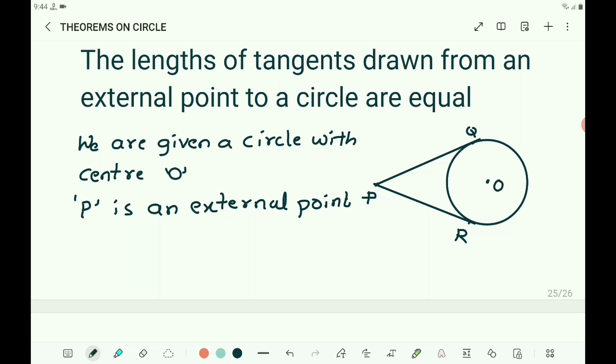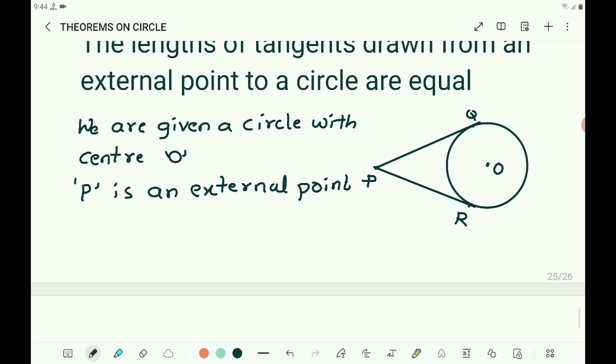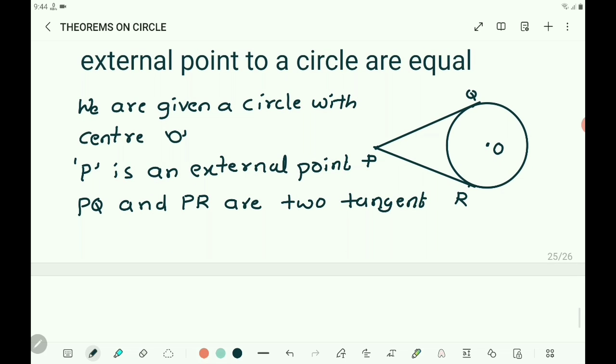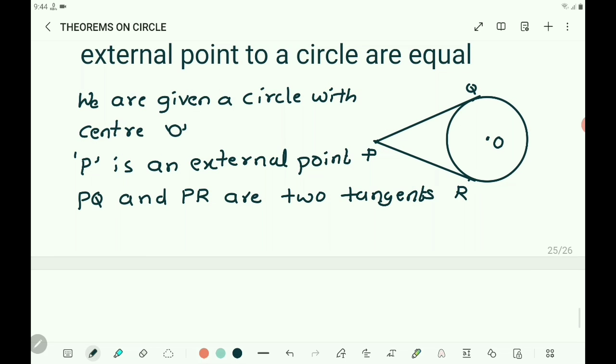PQ and PR are the tangents from P to the circle. PQ and PR are two tangents from the point P to the circle.